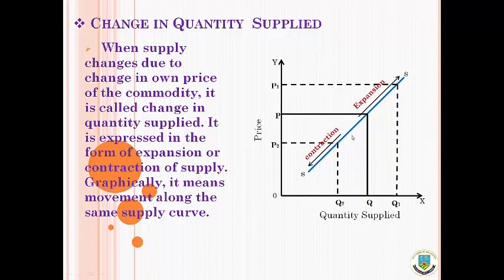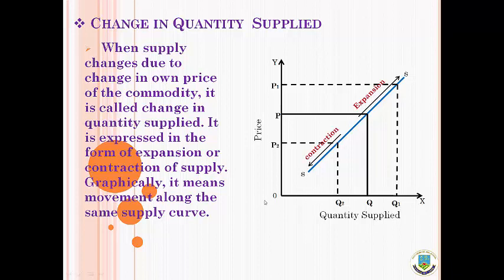This is a diagram of change in quantity supplied. Diagrammatically, we call it movement along the same supply curve. OP is the price and OQ is the quantity supplied. If price rises to OP1, quantity supplied also increases to OQ1.